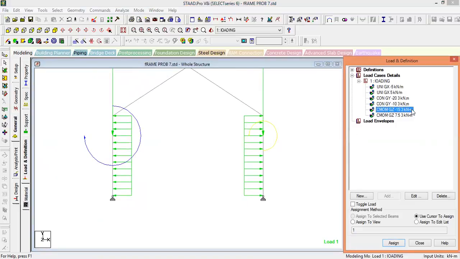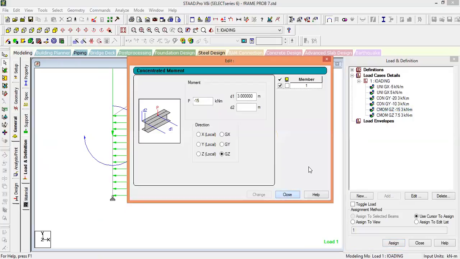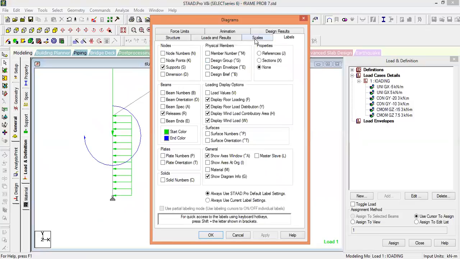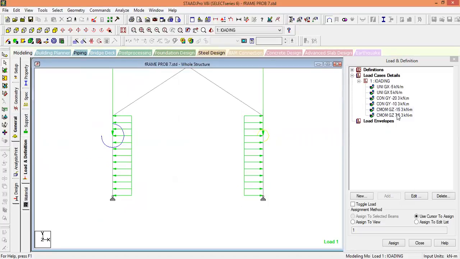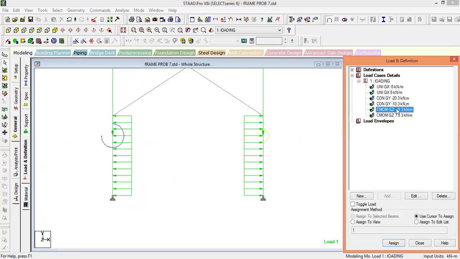Now you can see this is global Z. I will just reduce or increase it some more so that I get a clear picture. Instead of 10, I will keep it as 25. See, these two I am getting here. Okay, this is clockwise 15 kilonewton meter, and this is anti-clockwise, which is the same.